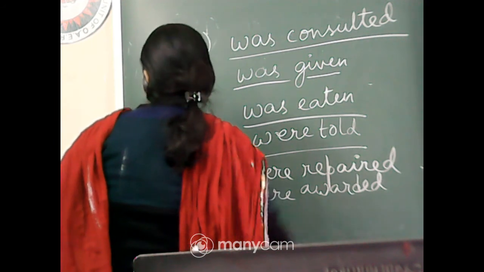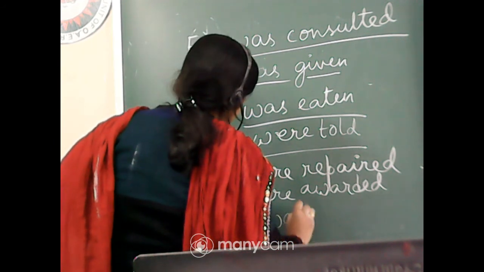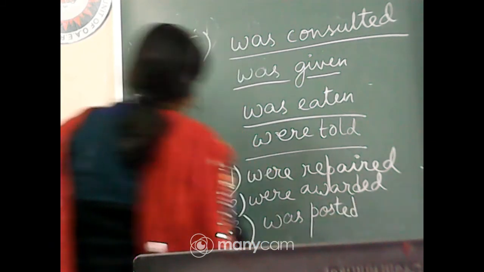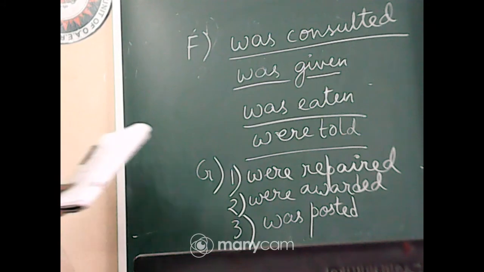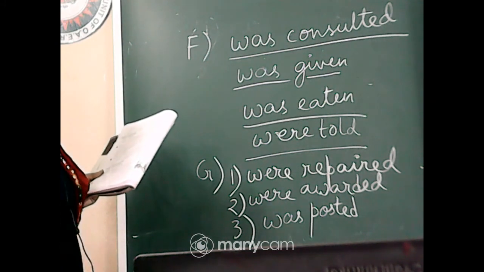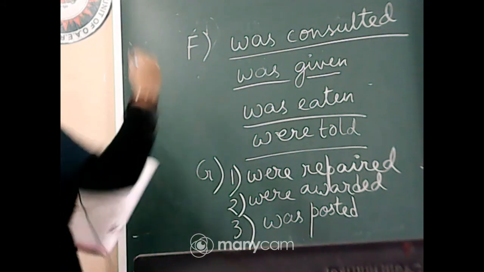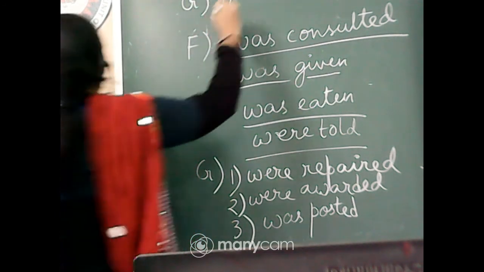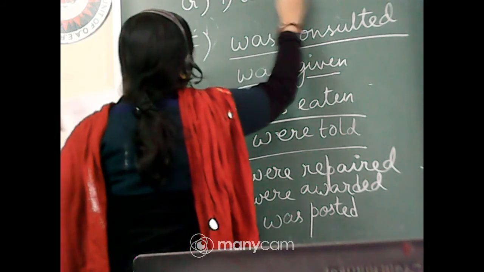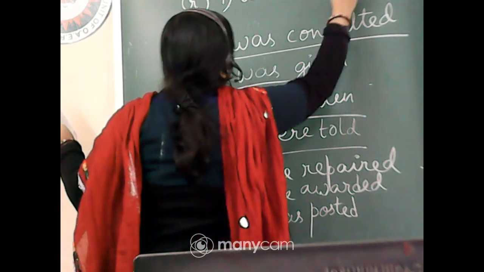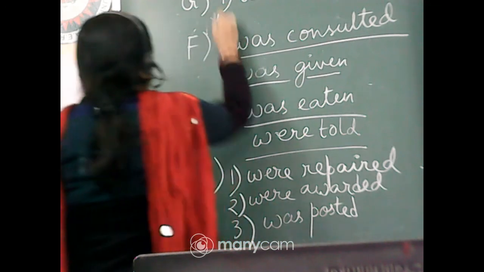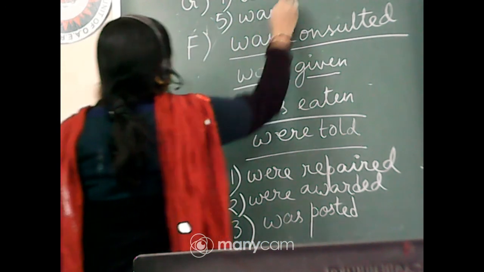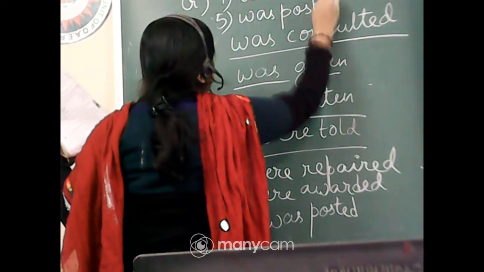Number 3, the letter was posted. Number 4, the pulses were soaked. Number 5, the show was postponed.